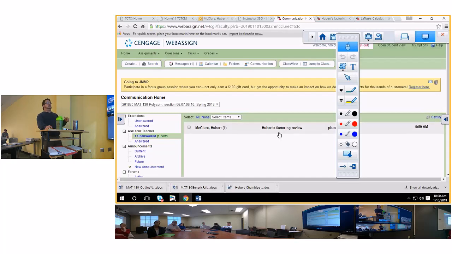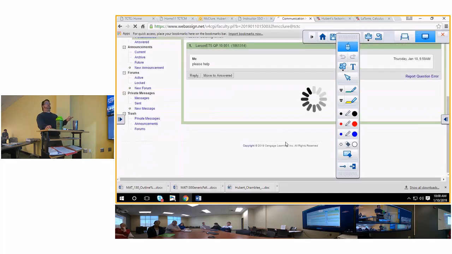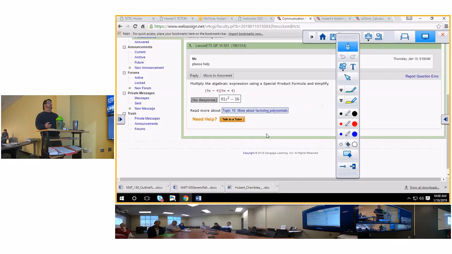Send them in, I click on it, and it gives me that question. Again, it's very primitive, so I can go in and do that. Now, this is how you gauge the class. It's very difficult to do with Webassign because Webassign sucks, but we're still going to do it, and that is how I basically gauge the class.